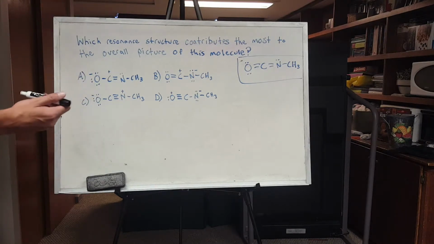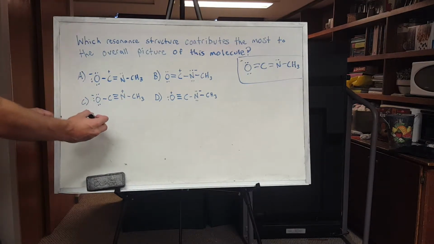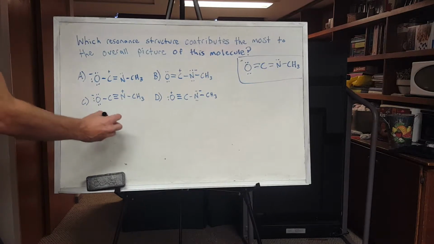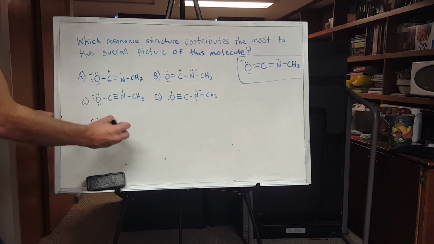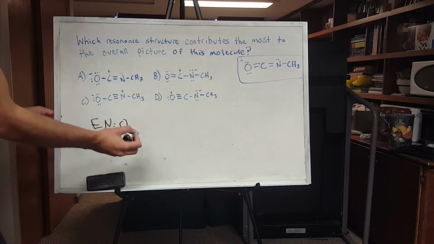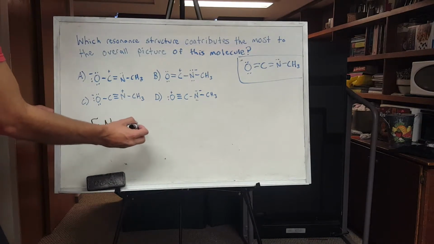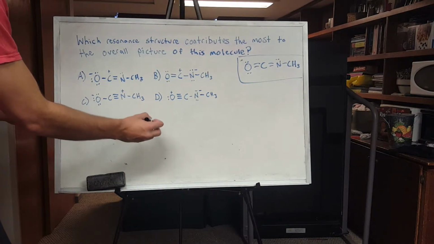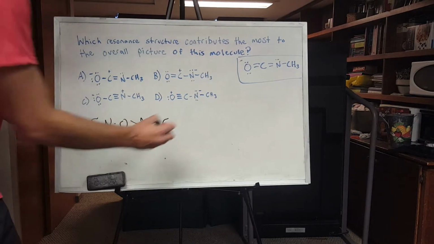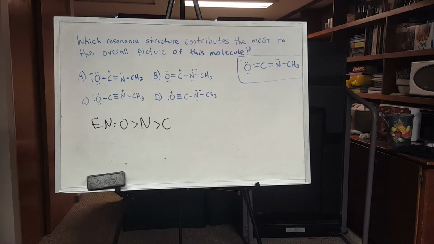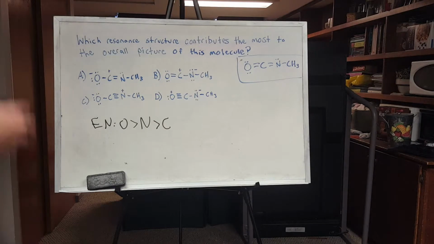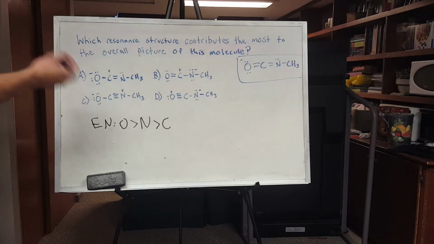For formal charges on individual atoms, we want to pay attention to electronegativity. O is the most electronegative, compared to N, which is greater than C. So we'd like to see minus charges on O, plus charges on C, or less minus charges on C, I should say.